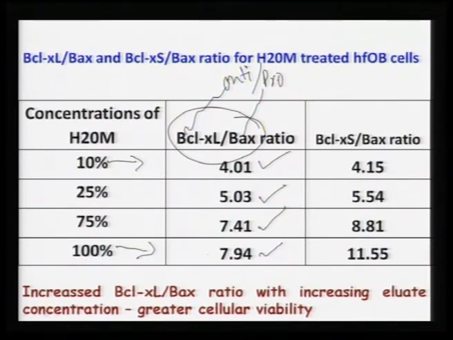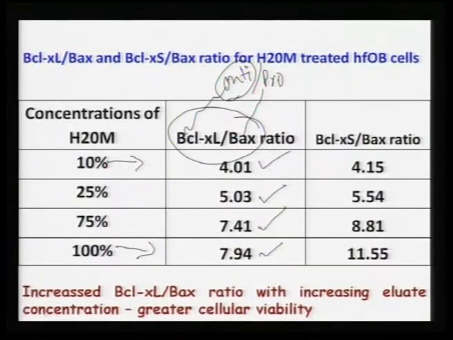So, what is the meaning of that? It means that if the hydroxyapatite 20% mullite concentration is increased from 10% to 100%, the BCL-XL anti-apoptotic to pro-apoptotic gene ratio also increases twice. That means there is an increased BCL-XL to BAX ratio. What does it mean?